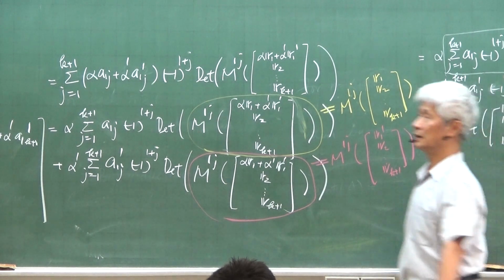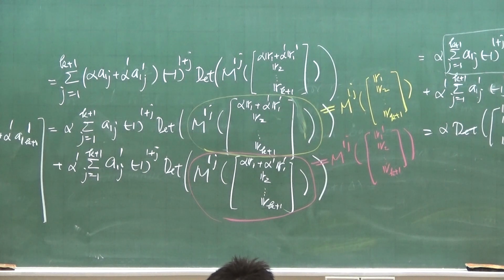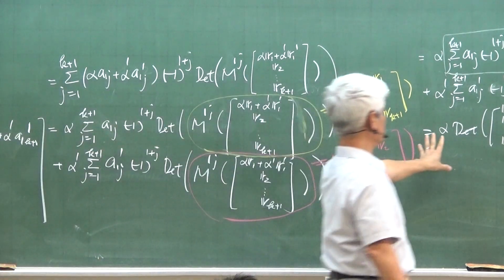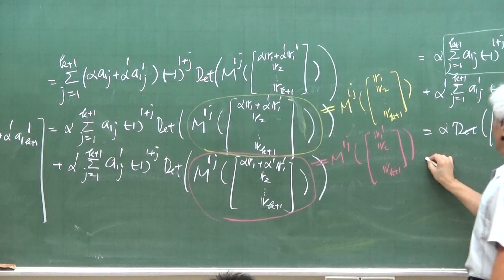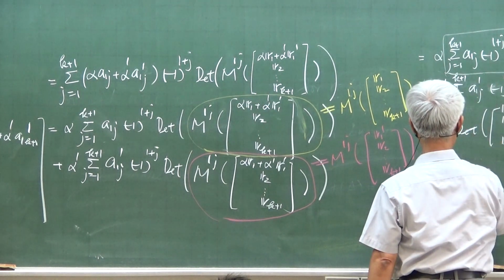So starting from here, the first row is a linear combination of two row vectors. Its determinant value is equal to the same linear combination of the corresponding determinants, with first row R1 and with first row R1 prime. So det is linear in the first row.